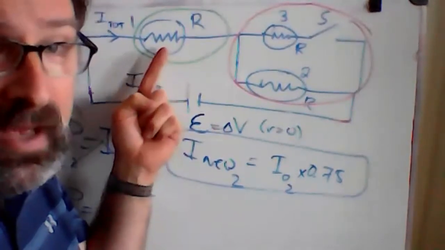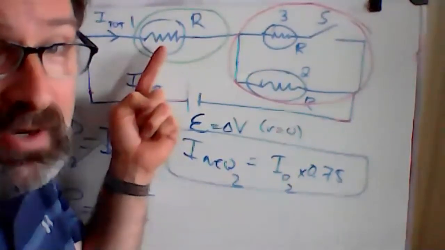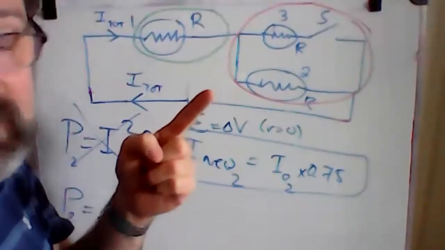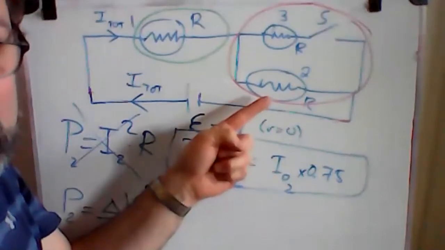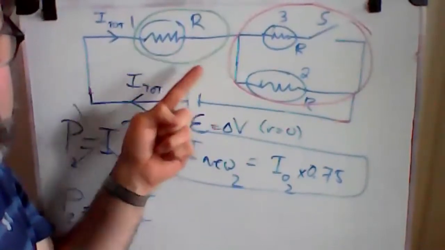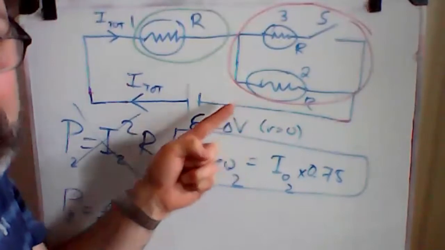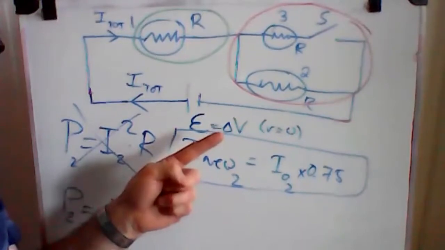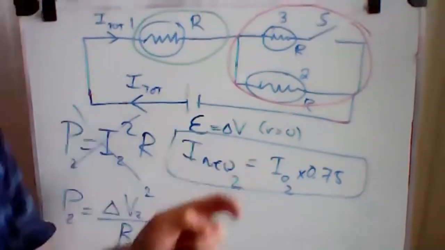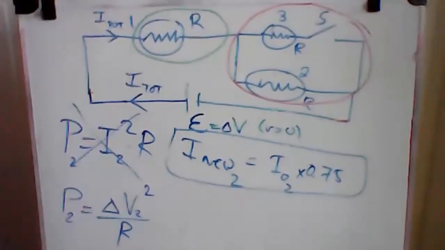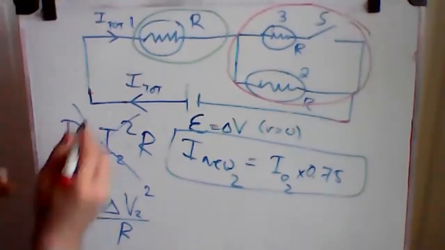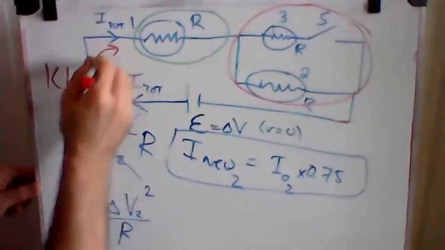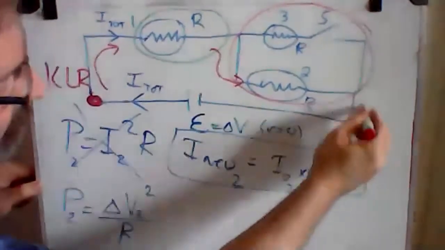Yeah. Okay, but the potential drop here having increased means that the potential drop across this resistor over here has to decrease, because the potential drops of this one and this one together still need to equal the total potential drop, according to Kirchhoff's loop rule. So if we look at this circuit as a loop, let's apply the loop rule. We go this way, then down here, and come back there.